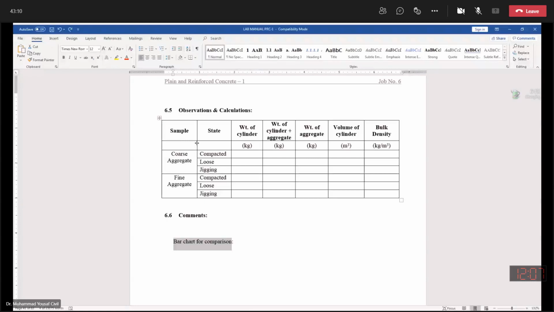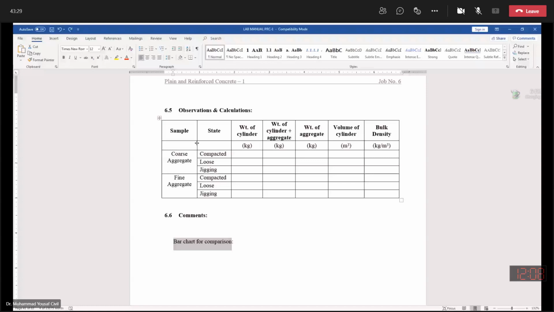You will see that the loose density will be the minimum value, then jigging, and then at the top compacted density, that will be the maximum. So compacted, then jigging, then loose density.